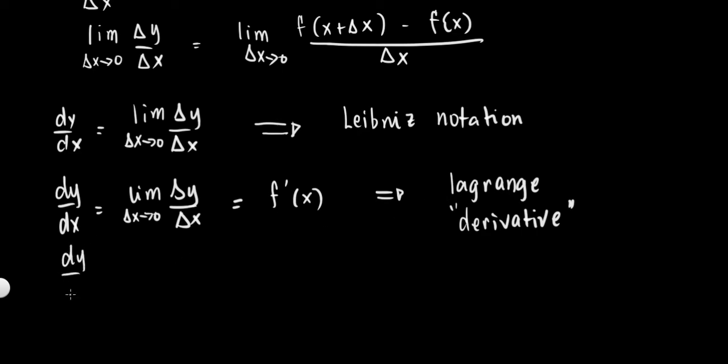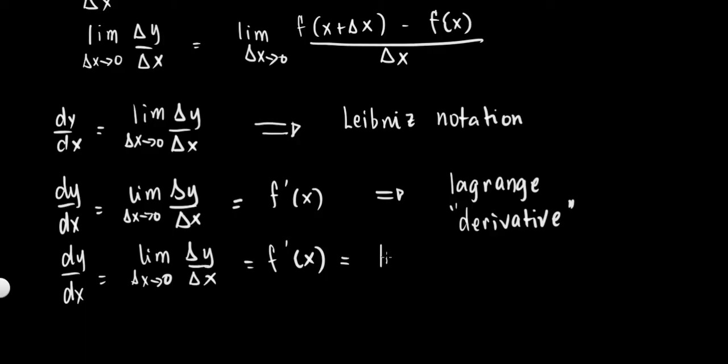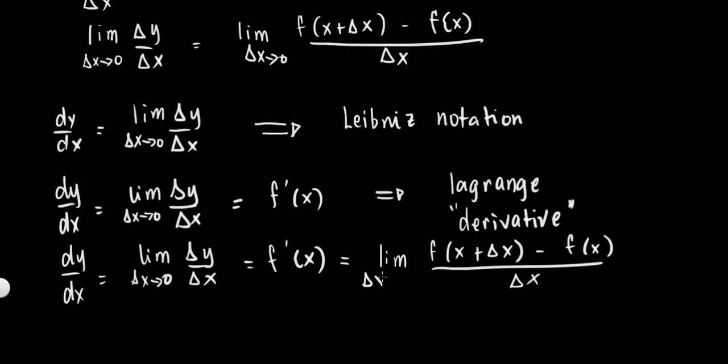From dy over dx equals the limit of delta y over delta x as delta x approaches 0 equals f prime of x, also equal to the limit of f of x plus delta x minus f of x all over delta x as delta x approaches 0.